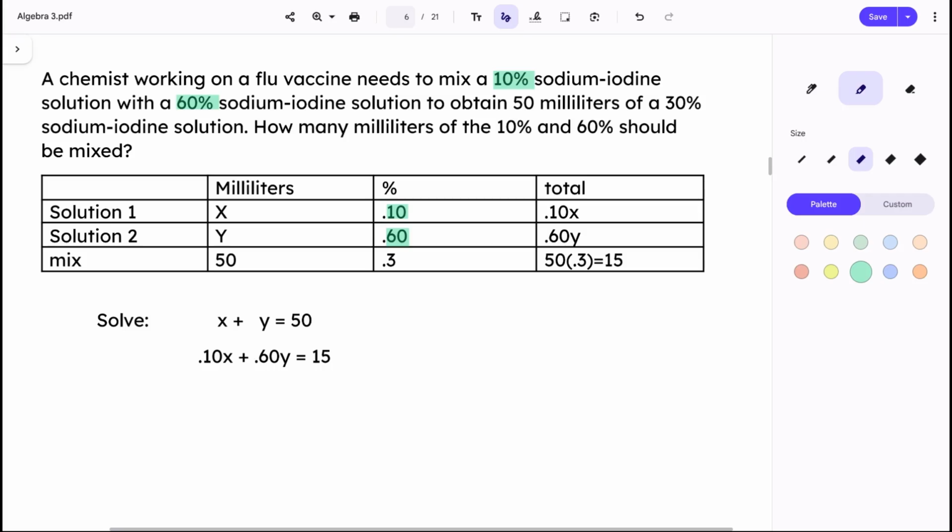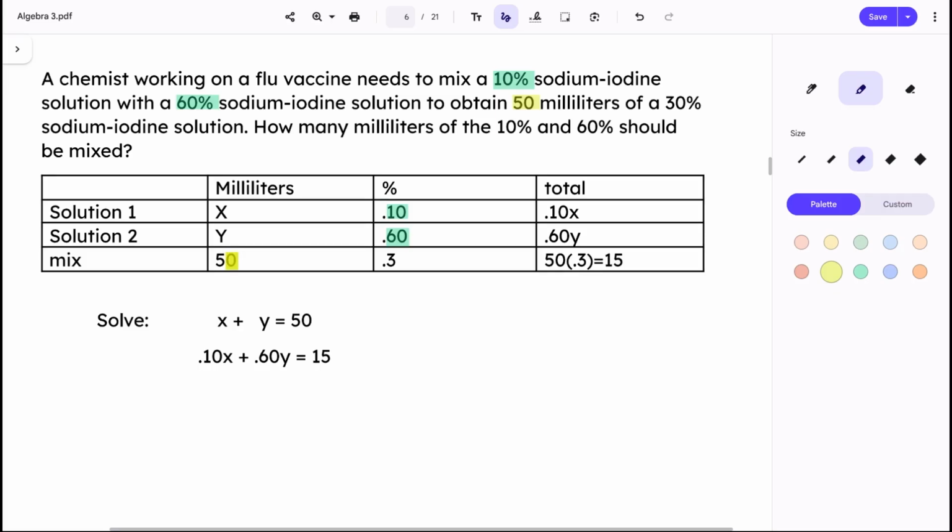How they decided to put their chart on the screen is that we have milliliters first, the percentage in the second column, and then the total on the other side. But that's where those numbers went, okay? I'm going to keep reading. It says to obtain 50 milliliters. So 50 milliliters is the mixture that we're trying to create, and that's down here in my chart.